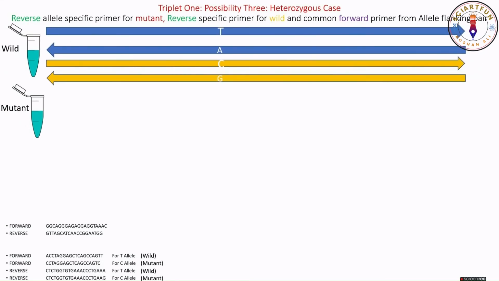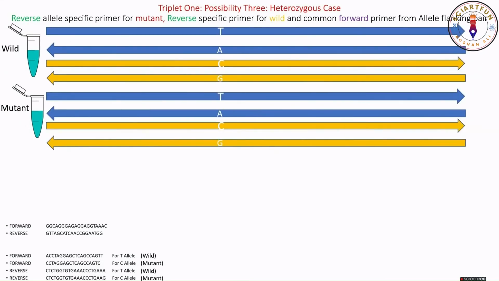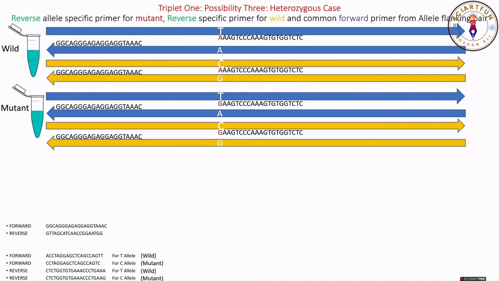In this third case, we suppose that your sample is heterozygous, means both the alleles are present. Put the sample in both the tubes. In wild PCR tube, only the wild type allele will be amplified, because we have added the wild specific primer to it, and it contains both the alleles.